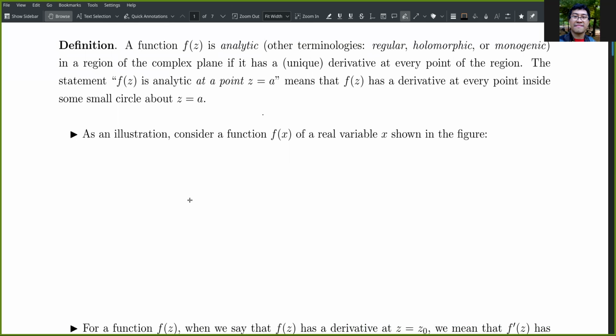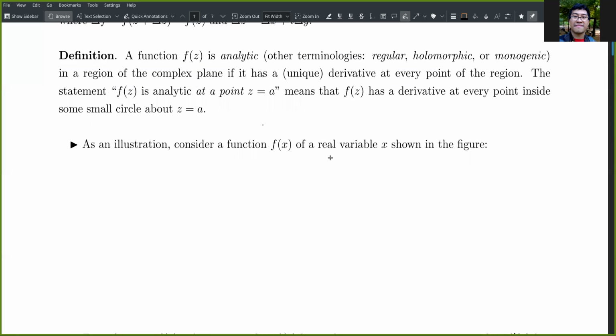As an illustration, we consider a function f of x of a real variable x, as shown in the figure that I will be plotting. Suppose the function looks like this. You have a straight line sloped upward, but at some point it sharply changes.